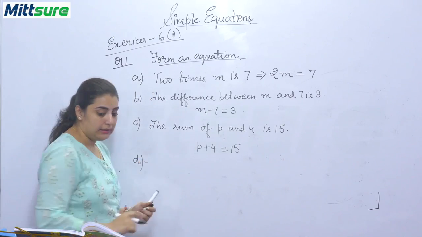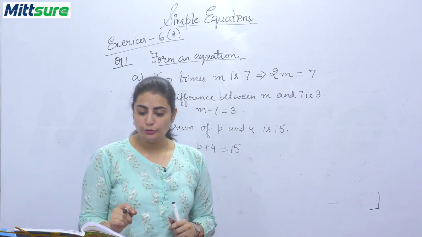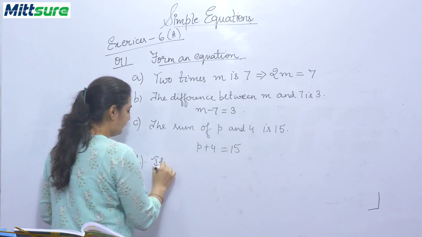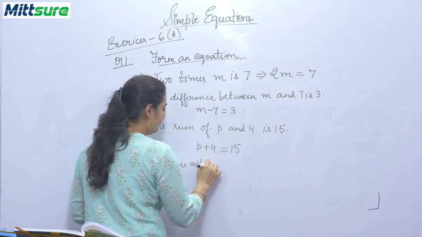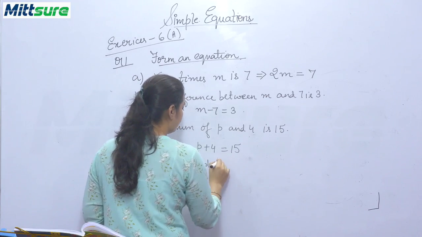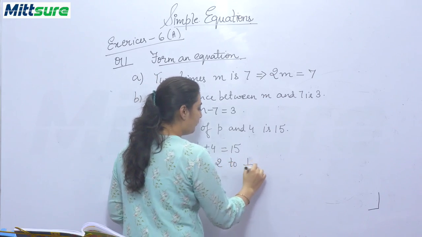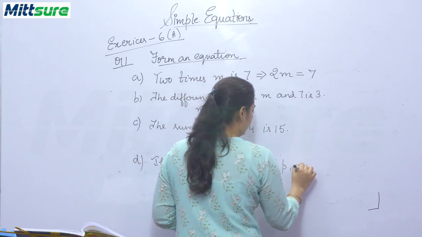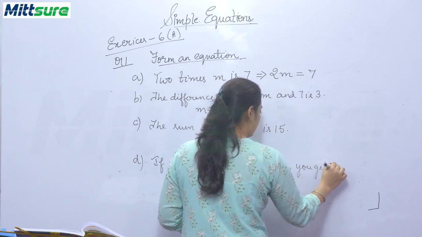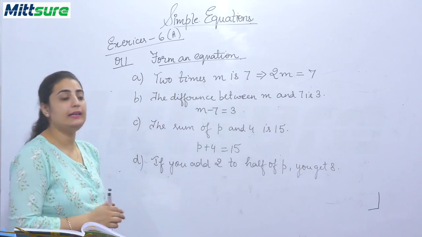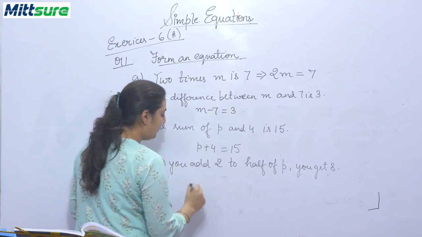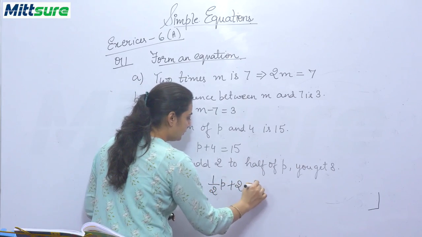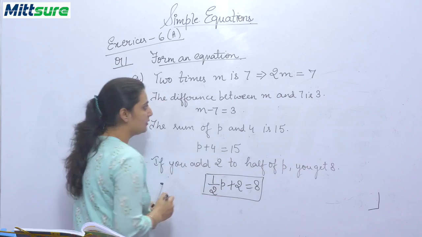Now the D part: if you add 2 to half of p, you get 8. So half of p means half p, plus 2 equals 8. This is the equation that is formed.